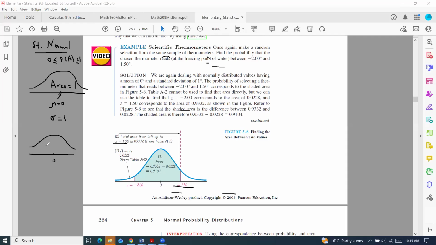It's the highest chance, highest probability, so it should be in the center. And if they have the value, they call it not x, but z is equal to -2. So they're wondering about the area to the left of that -2.